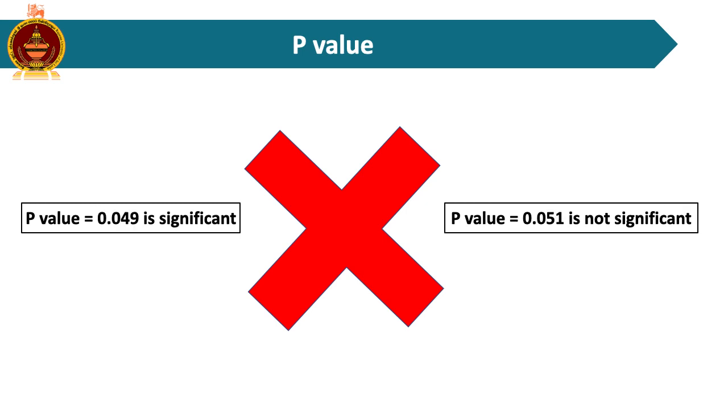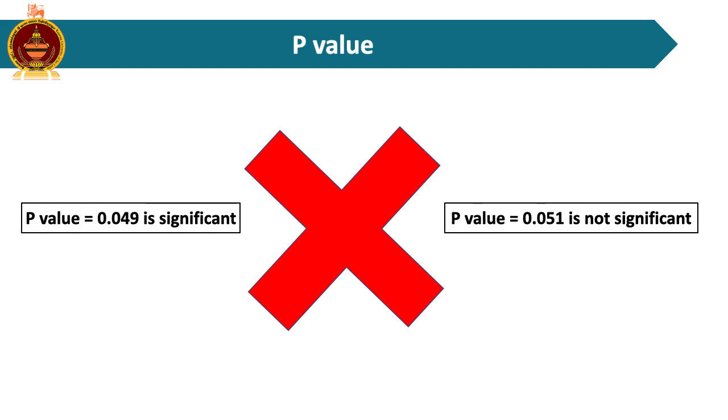If the predetermined cutoff p-value is 0.05, it is obvious that a p-value of 0.049 is significant. But what about this? Are we going to say that a p-value of 0.051 is not significant? Generally, we consider that also as significant. However, as the predetermined cutoff value has been set to 0.05, we need to carefully look into these close non-significant p-values.